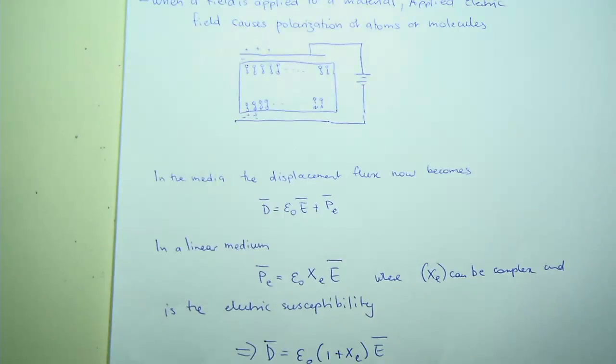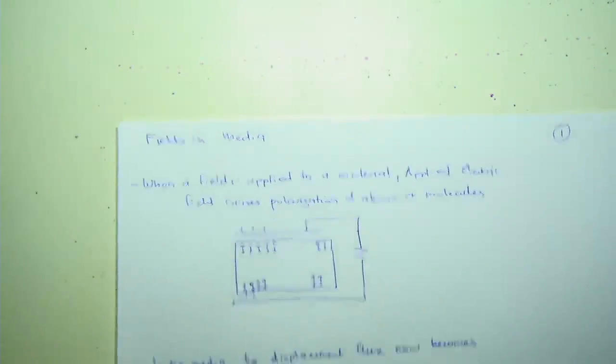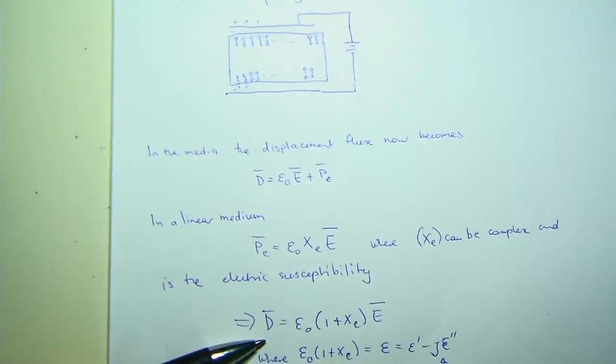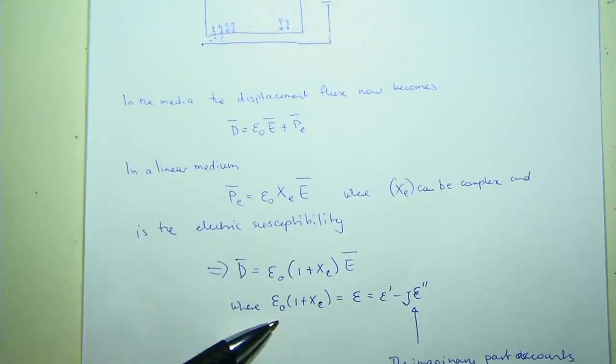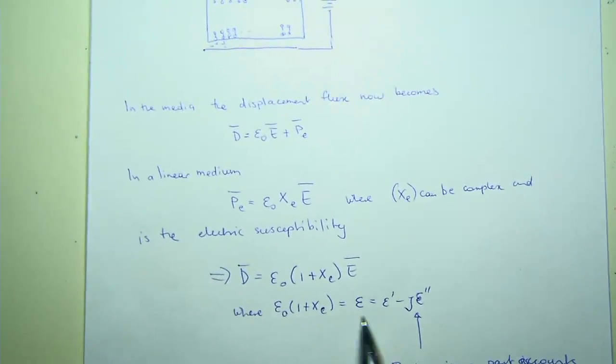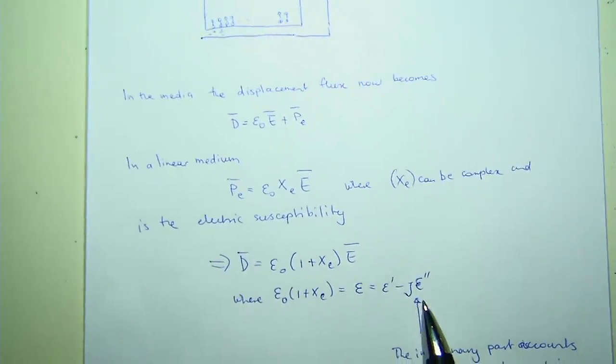Now, rewriting this equation in terms of just the electric field, what we can actually show is that epsilon naught times (1 plus chi e) is equal to epsilon, and then we write it in terms of a real and imaginary component. There's no magic here.